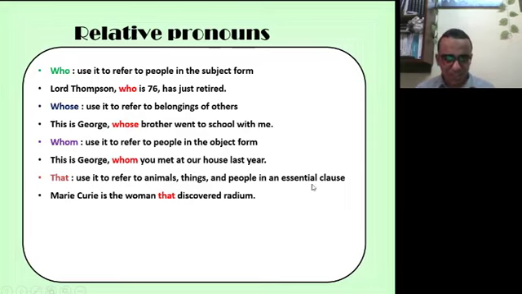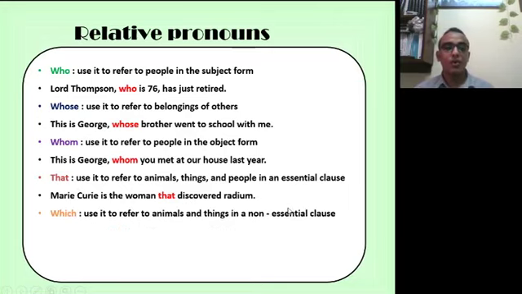So essential clause or essential sentence. Is this like an essential sentence? Yes, because Marie Curie discovered something like important. So when the sentence is important and we speak about animals, things, or people, we use that. Okay, Marie Curie is the woman that discovered radium.